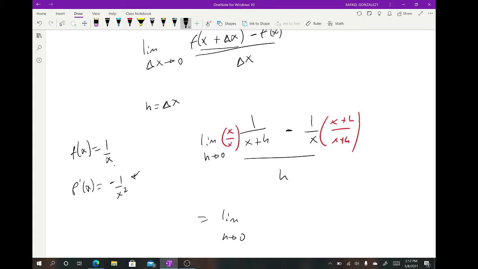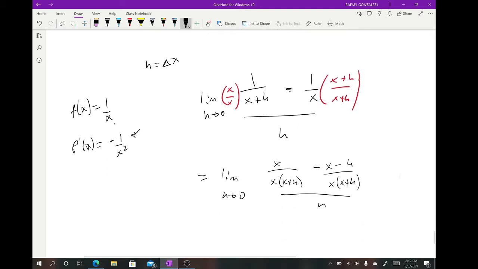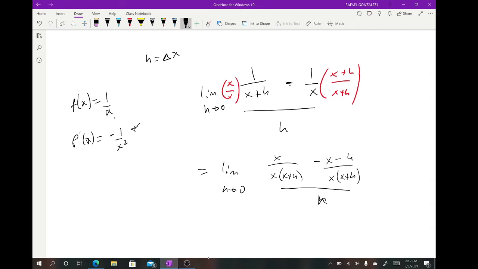So what we will have is x over x times x plus h minus, then multiply 1. I'll simply distribute everything through, so I'll distribute the negative 1 into it. Then minus x minus h over x times x plus h, divided by h. Now that the denominators are equal, I will combine the fractions.